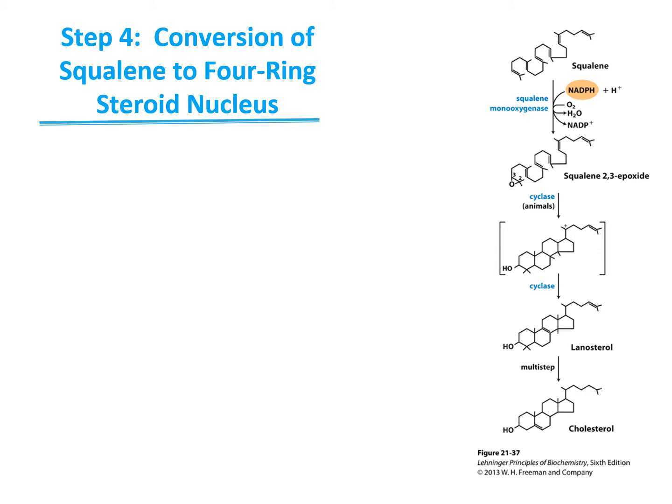Next up is cyclization, conversion of this squalene into the steroid nucleus, or the cholesterol molecule, which will have 4 closed rings present in it. So squalene is first converted into squalene epoxide with the help of the squalene monooxygenase enzyme.